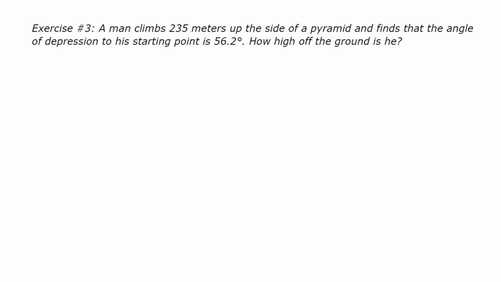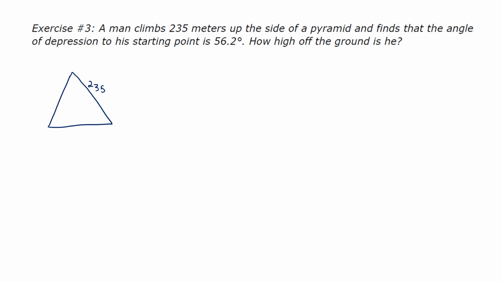Okay, so we're dealing with the side of a pyramid. So that is going to be a triangle. Okay. And he climbs up 235 meters. So this is going to be 235 meters. And he finds that the angle of depression to his starting point.